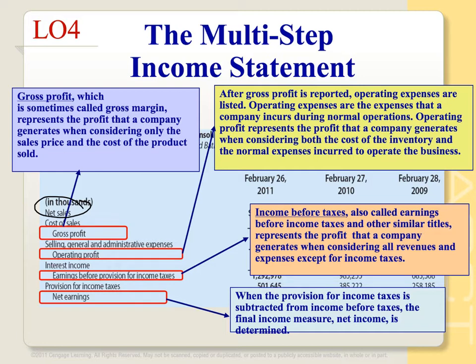Then you see a line item that's called cost of sales. Cost of sales is inventory that you have sold. If you take sales minus cost of goods sold, you get gross profit.